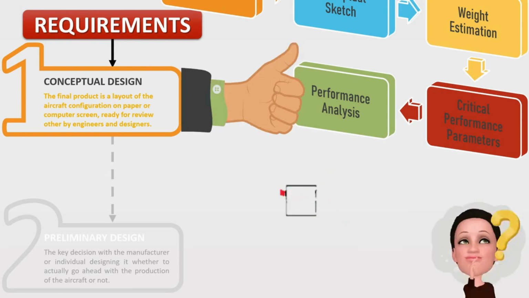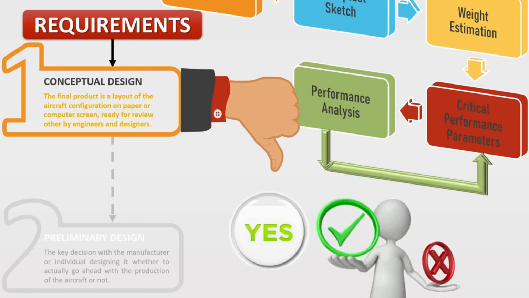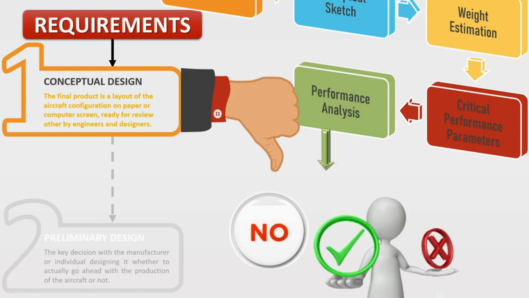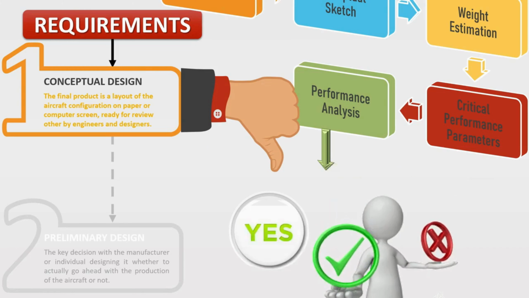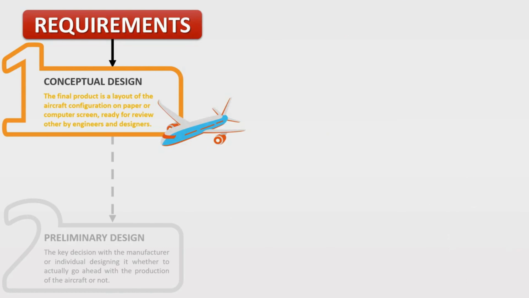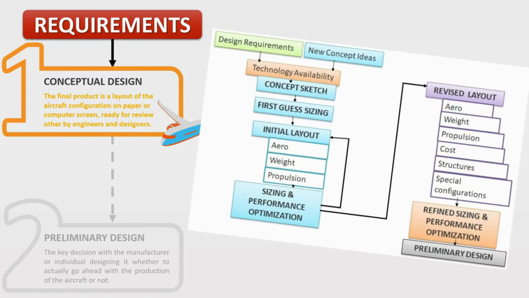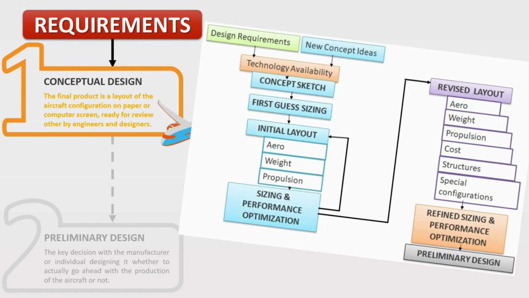Suppose it is not meeting the requirement, then you need to iterate the critical performance parameters. Okay, if yes, then you have to optimize the best design. Optimization is carried out by plotting the performance of different airplanes on a graph to obtain the optimum value of your design. This we will see in the very next module by practical demonstration.